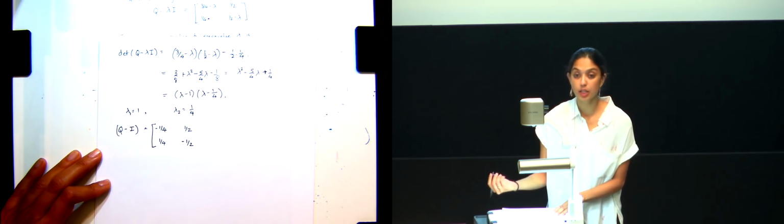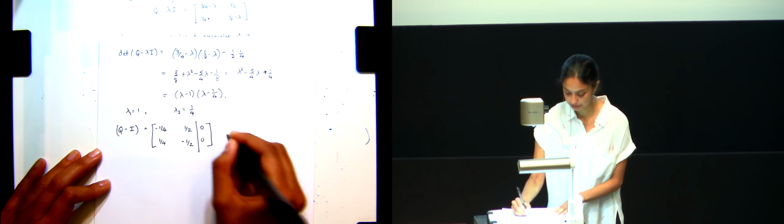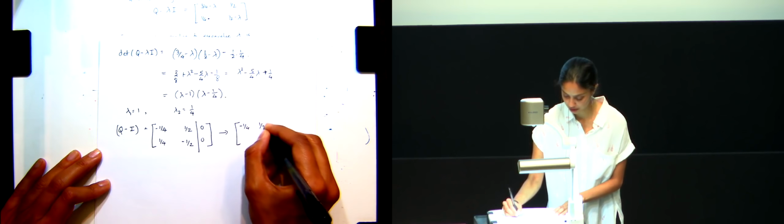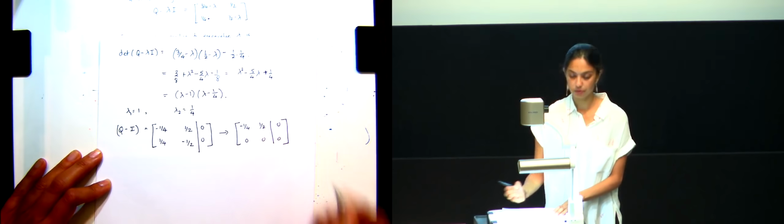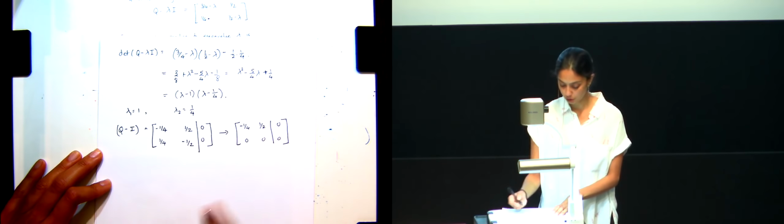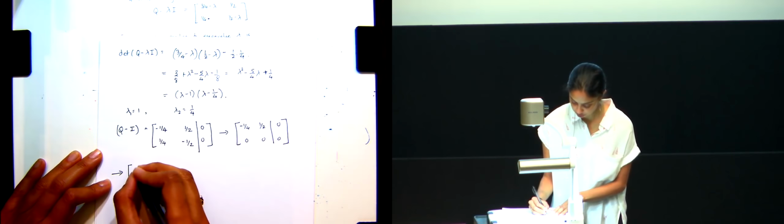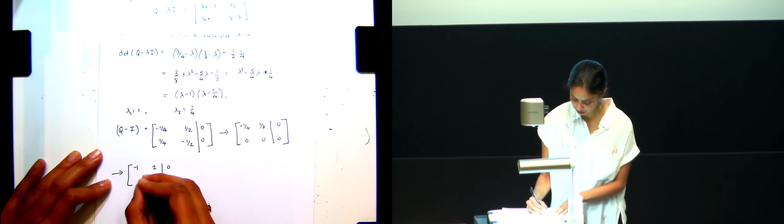I want to find the null space of this guy, so I'm just going to do Gaussian elimination. This gives me minus 1/4, 1/2, and a row of zeros. I can multiply this row by 4 and get minus 1, 2.